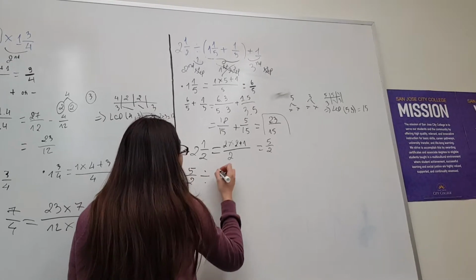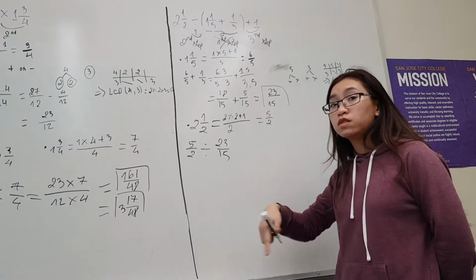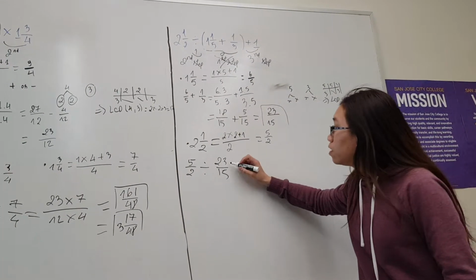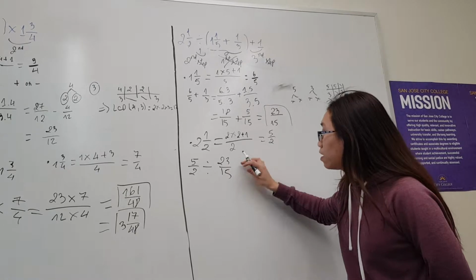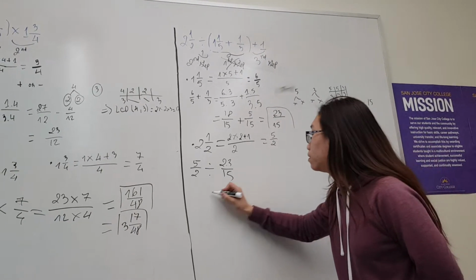5/2 divided by 23/15. Oh, when you see a divide, you need to use the reciprocal. It means a flip. It means you change the numerator to the denominator.